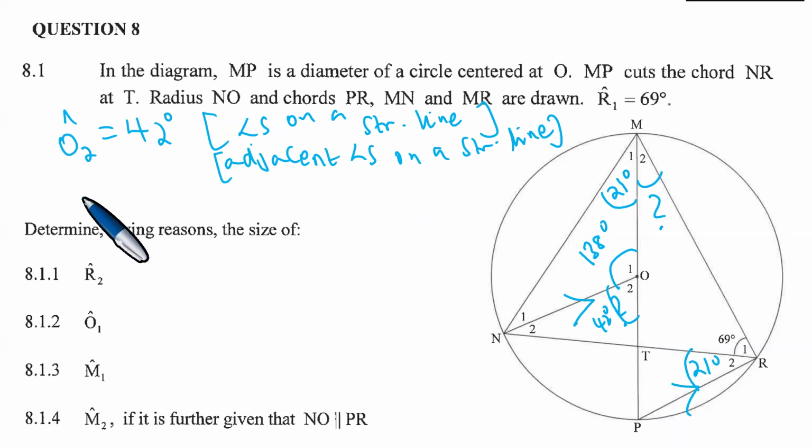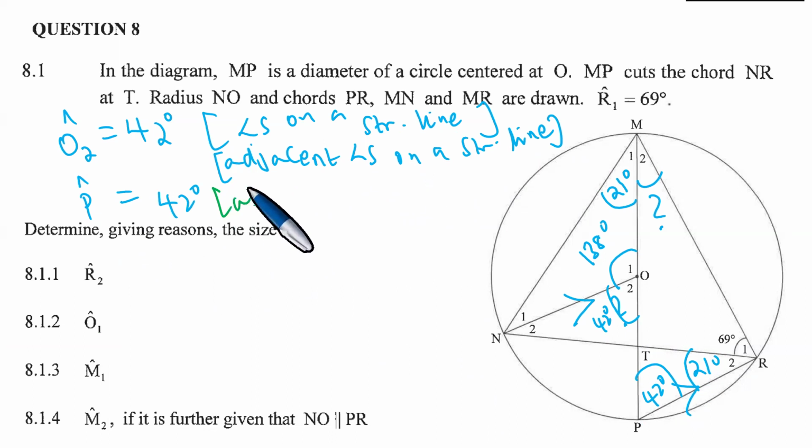And then now what is the angle P? It's 42 degrees. Why is the angle P 42 degrees? Because NO is parallel to PR.